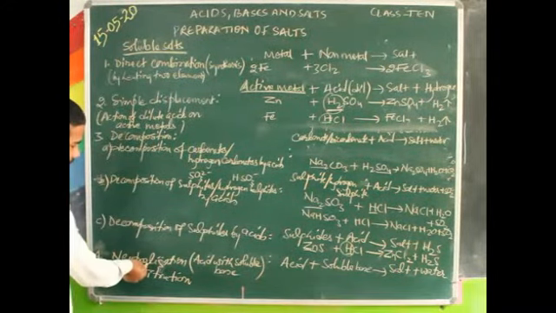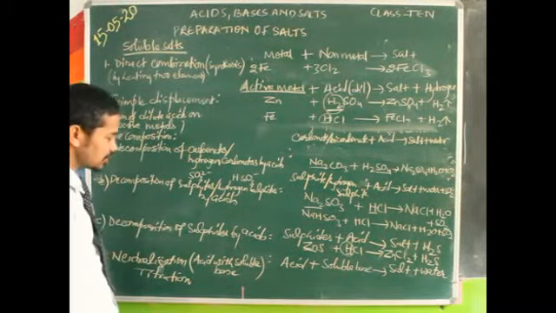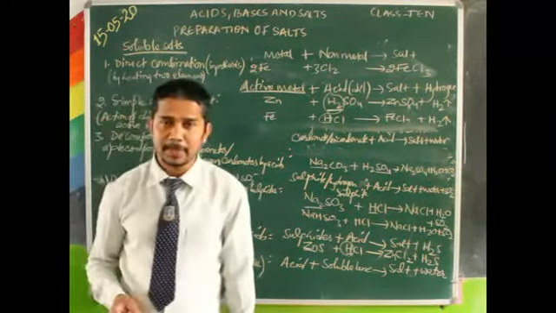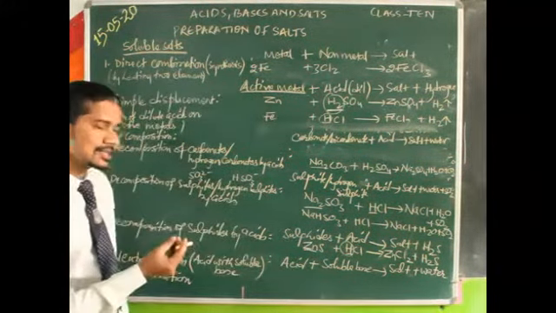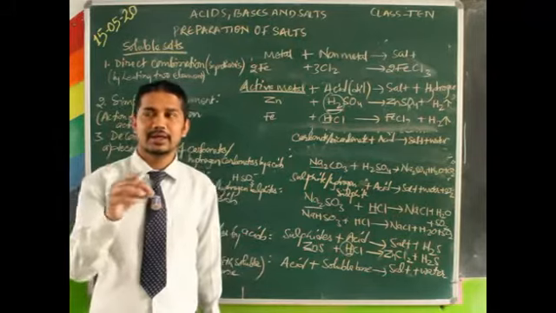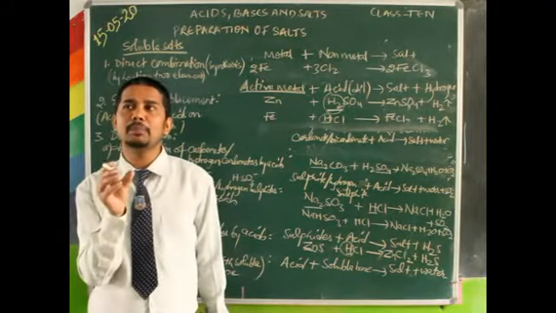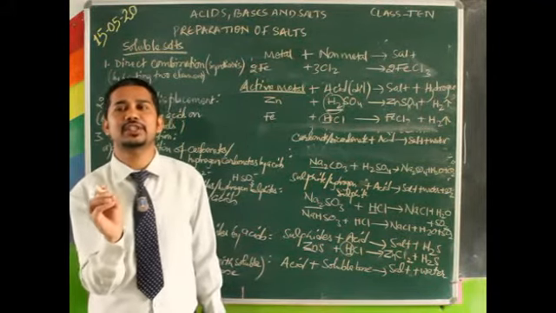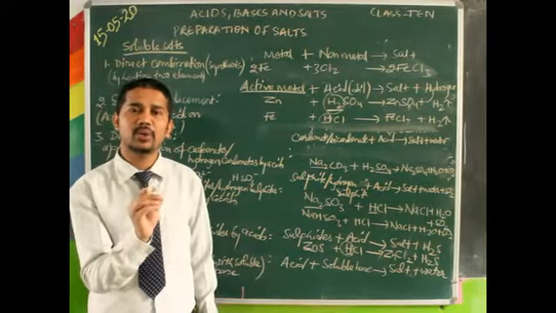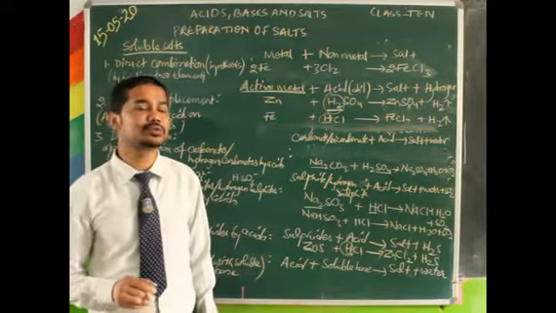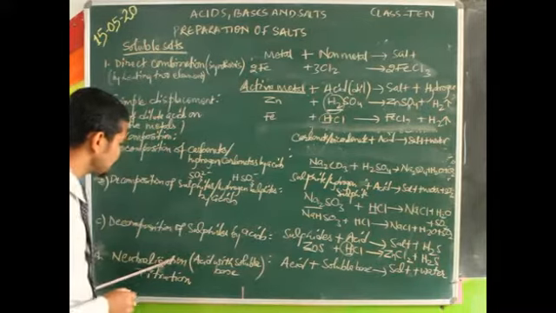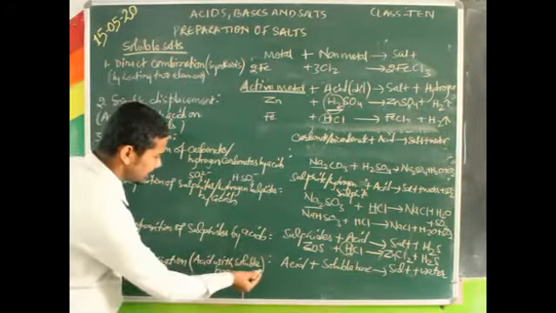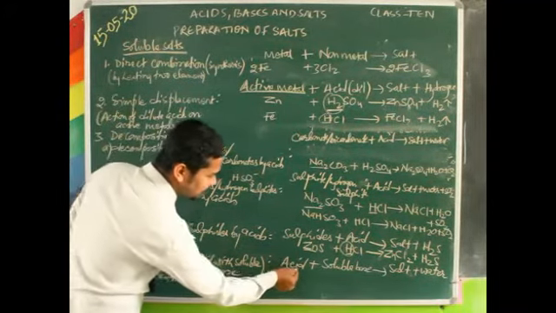Similarly, neutralization. So what is neutralization? When acid reacts with base and there is complete replacement of H plus of acid and OH minus of base, then there is a neutralization reaction. So for neutralization we need acid plus base.